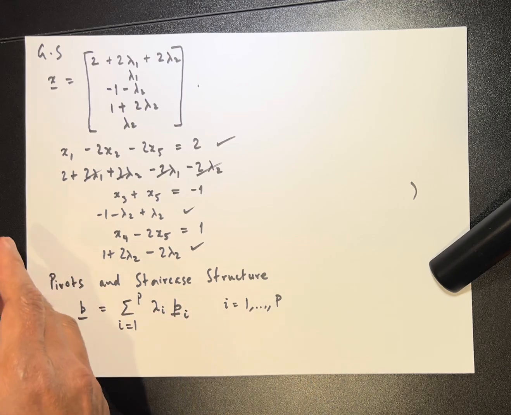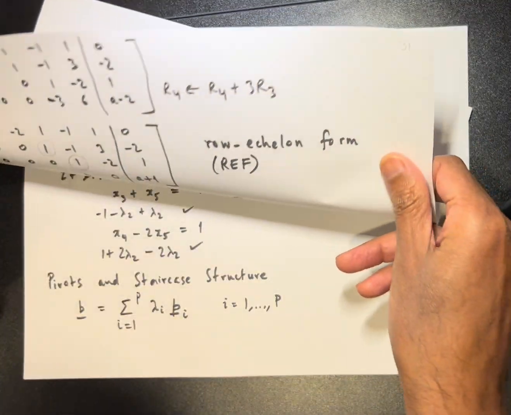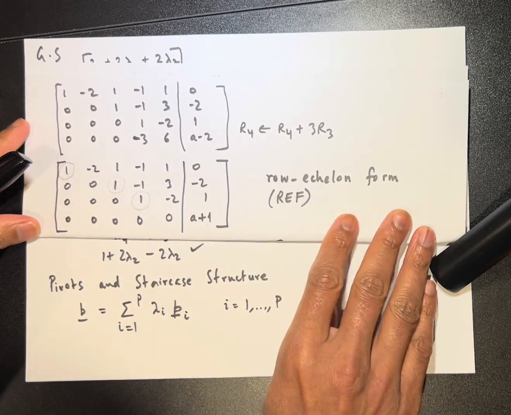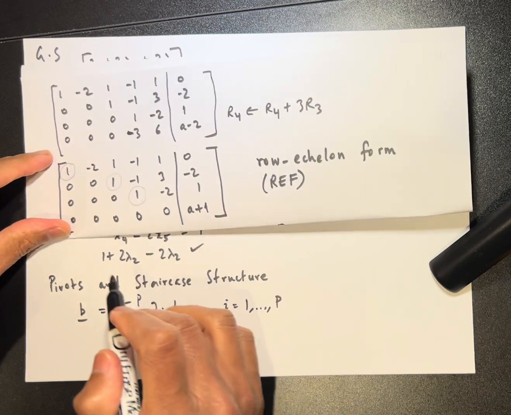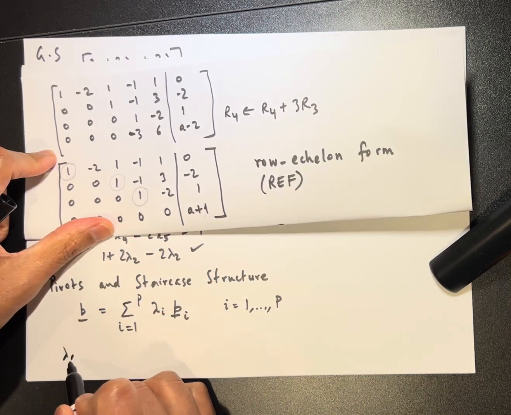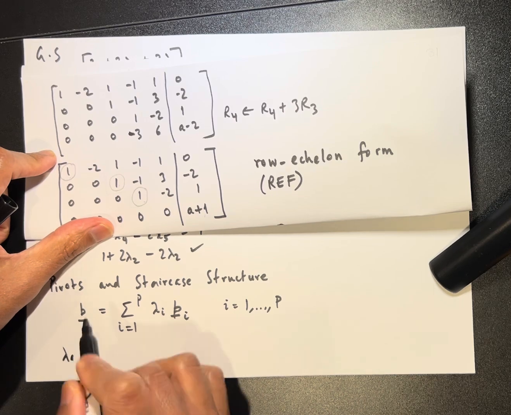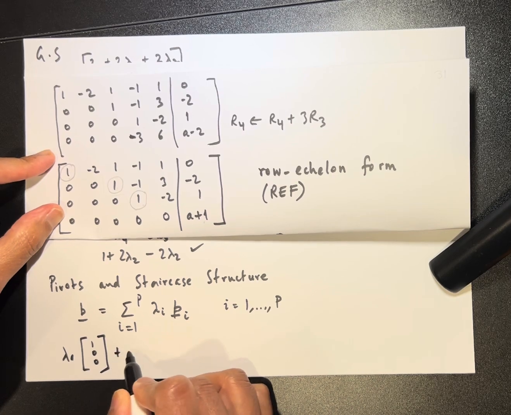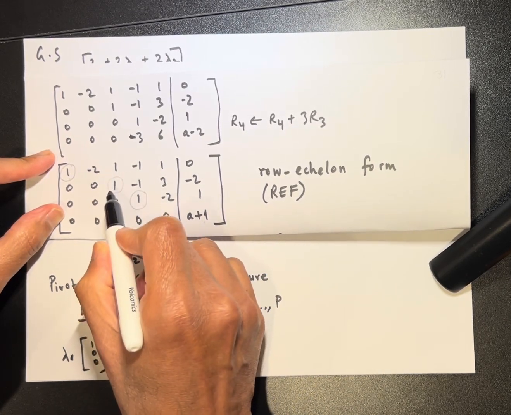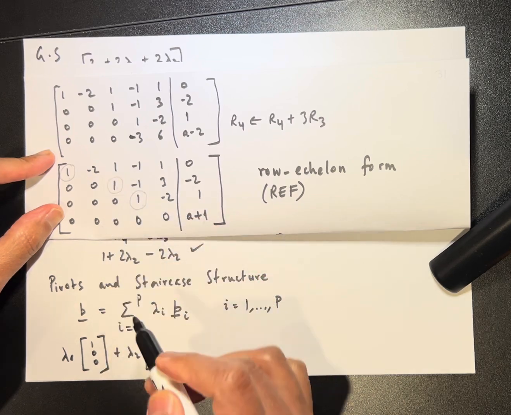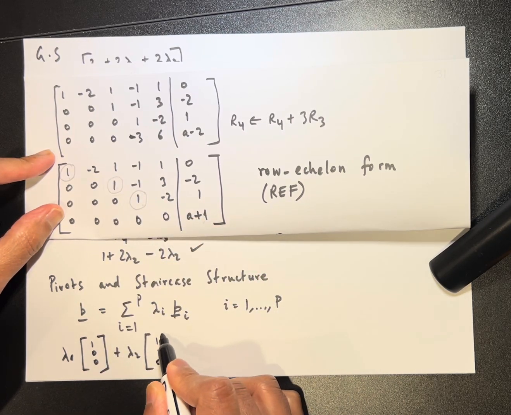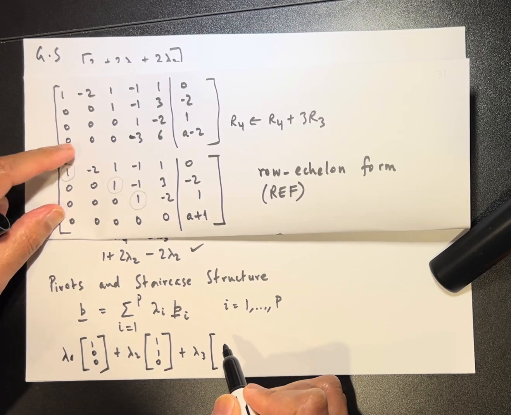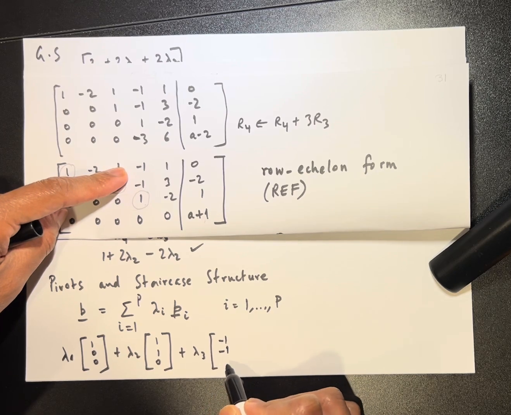I'm going to take lambda 1 times 1 0 0, that's the first pivot column, plus lambda 2 times 1 1 0, plus lambda 3 times negative 1 1 1.